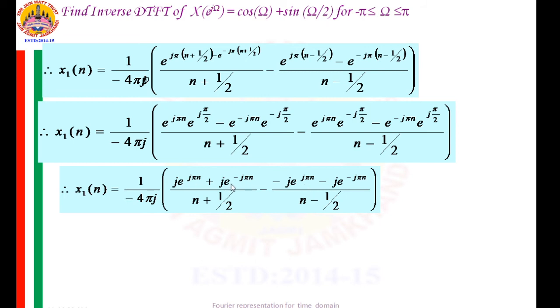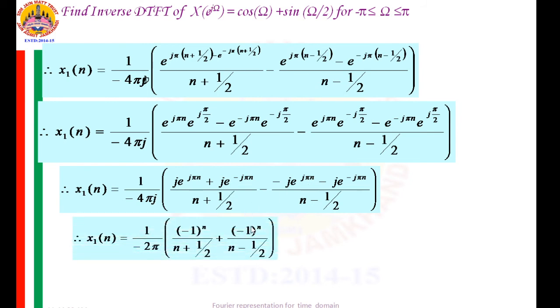Similarly here, j you take common here. So e raised to j pi n plus e raised to minus j pi n is cos pi n, and cos pi n is minus 1 raised to n. And when you take common from here also minus j outside, that minus and this minus will become plus, and this also is cos pi n, and that is minus 1 raised to n.